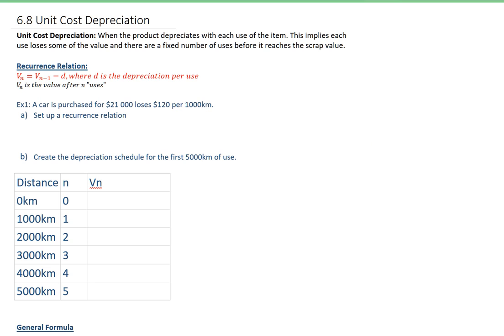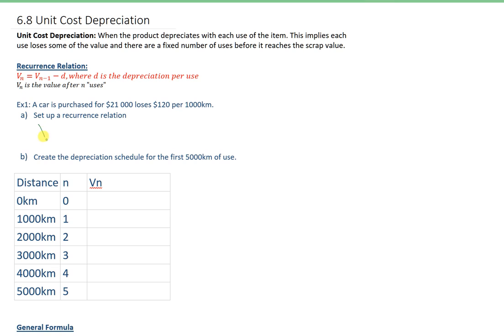Okay, so, but I'm considering I don't want to be having to go to a next value in the table after every single kilometer, because then you're going to have 250,000 rows in your table. So I'm going to put it in groups of driving 1,000 kilometers. So now my use is driving 1,000 kilometers. So I'd like to set up a recurrence relation for this one, because again, I'm told exactly how much I lose each time.